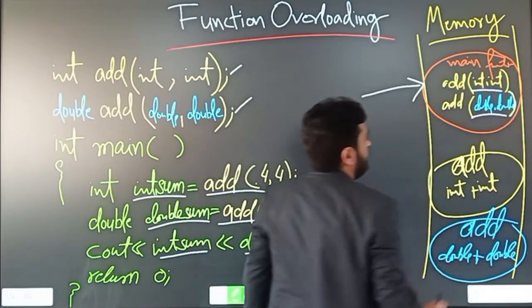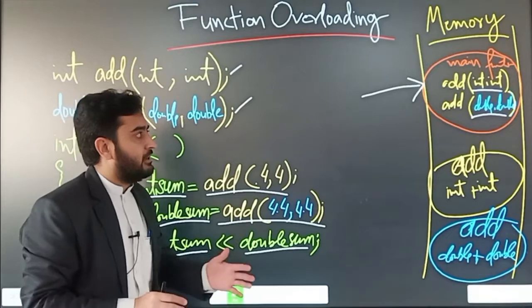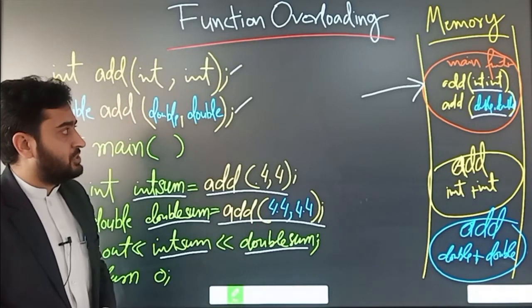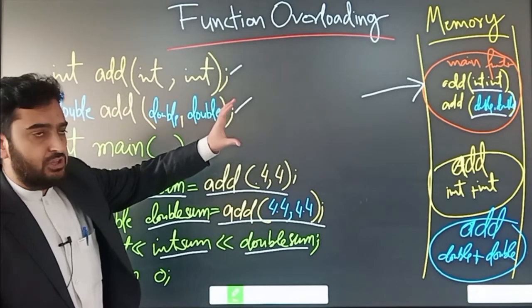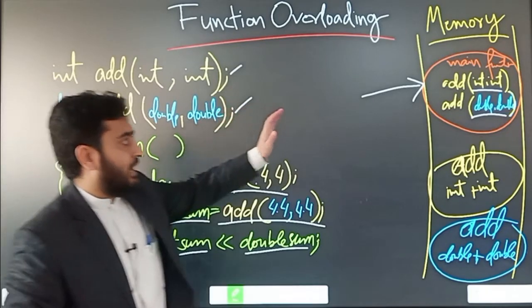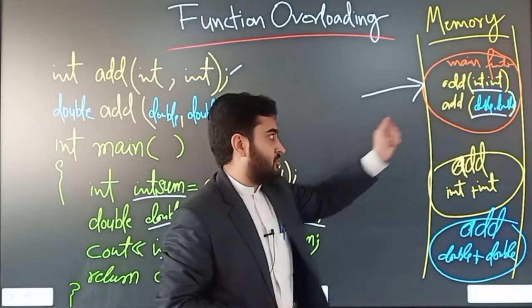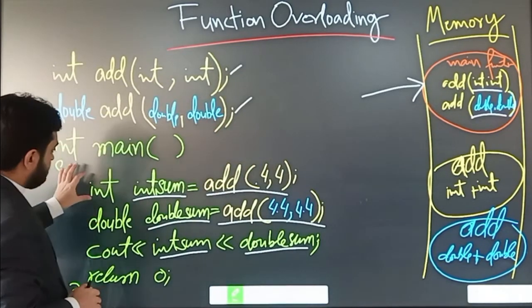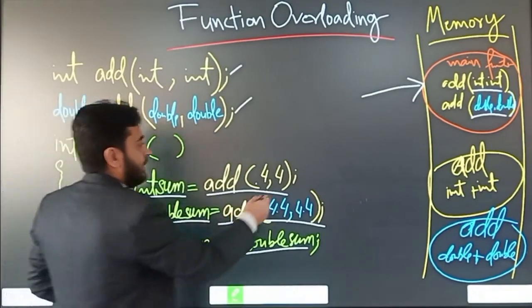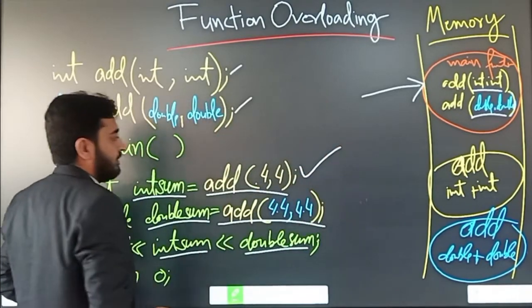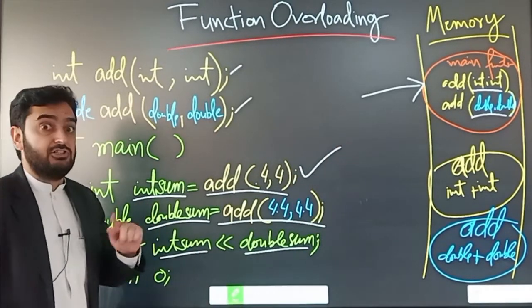Actually, the compiler or the execution differentiates between these two functions by the type or number of their parameter list. So in the first statement, you can see the execution will call the function of the integer type.